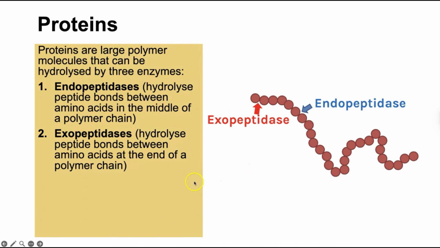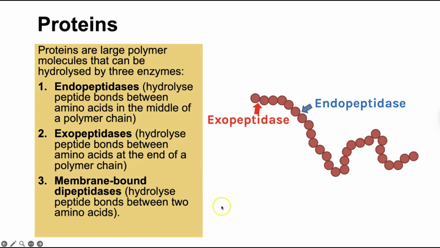digestion. Now, if there are any dipeptides remaining, meaning 2 amino acids still joined together, by the time that protein or digested protein then reaches the ileum, it's the membrane-bound dipeptidases, which are enzymes that can hydrolyze the peptide bond between 2 amino acids.